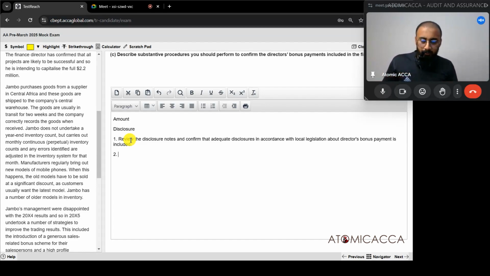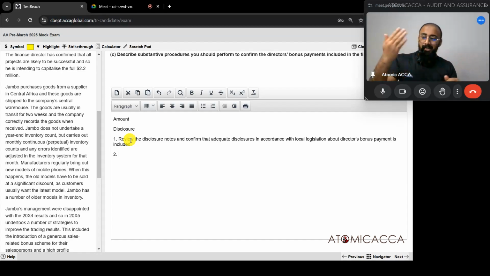What else can we do? We can confirm about the amount. One thing we can confirm is whether the amount was calculated correctly or not. How will the bonus be calculated? There will be some discussion that happened in the board meeting on how they finalize that. Okay, this is the bonus calculation for directors. So that's like a reference point, like the master data.